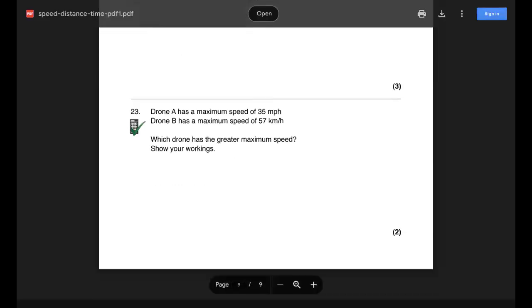But this is a very common question in your exam, which I'm going to ask you. Car A's speed is 60 kilometers per hour.